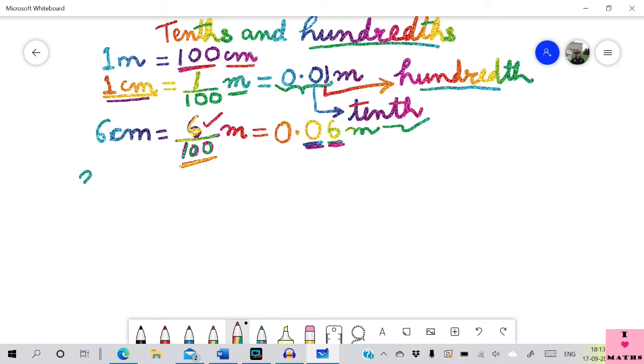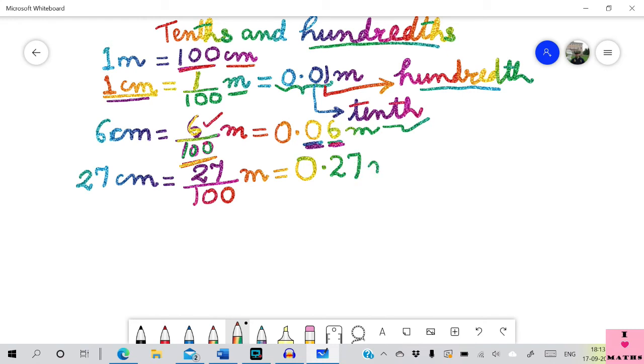Okay, if we have 27 centimeter. Now 27 centimeter means 27 parts out of the 100 equal parts of a meter. Now this will be written as 0.27 meter.